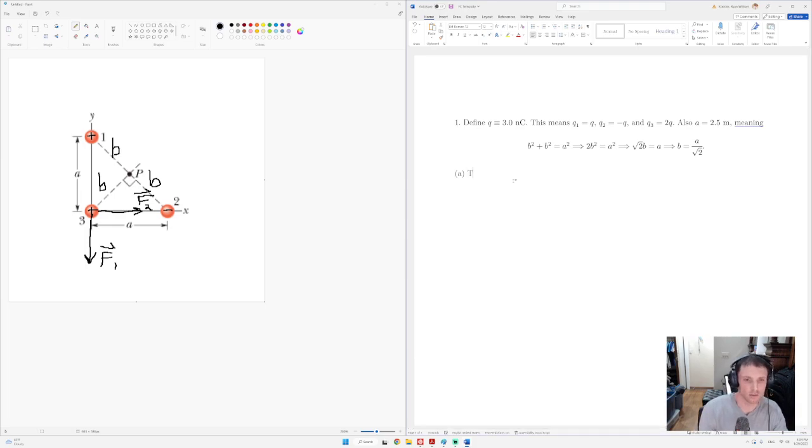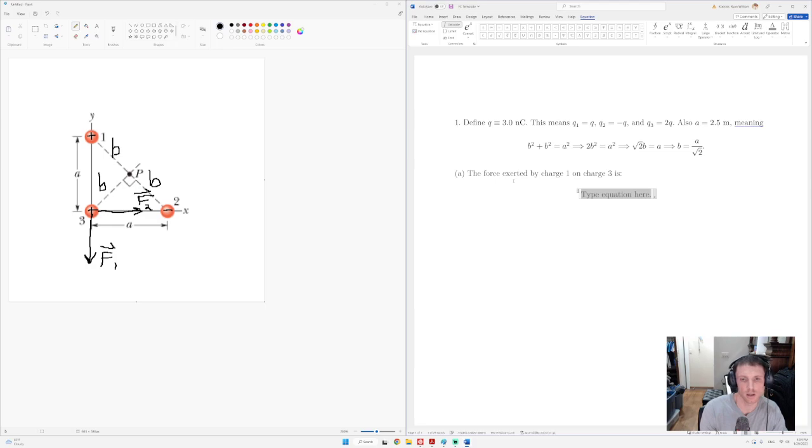Let's say then the force exerted by charge 1 on charge 3 is this. And I'm going to write it as a vector just to talk about some stuff here that we should be mindful of. Now, this is going to be negative, right? And that's because this force points in the negative y direction, as indicated by our sketch, right?